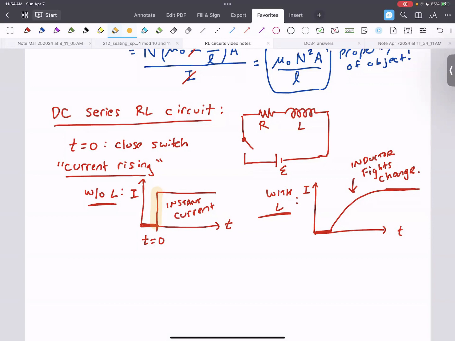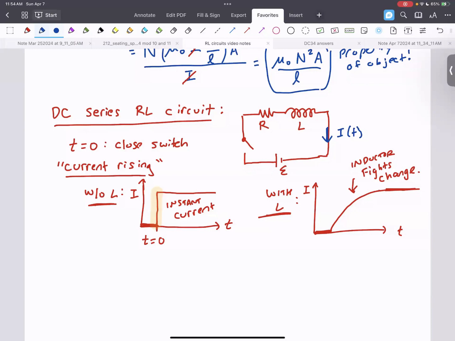So initially, what happens if I'm going to go up to this original diagram and I'm going to draw my current as a function of time, then if I go ahead and I'll just draw it over here in this branch, I as a function of time headed into the negative side of my EMF. The inductor really doesn't like this.